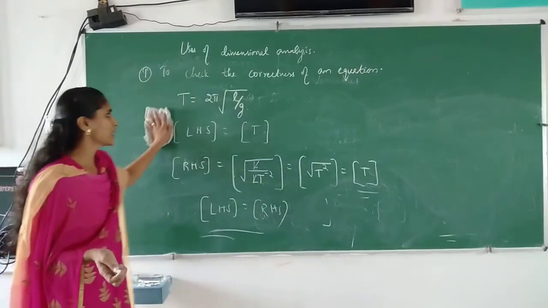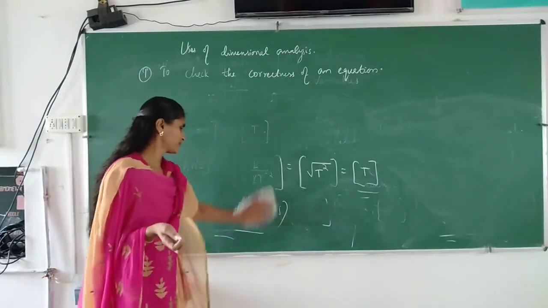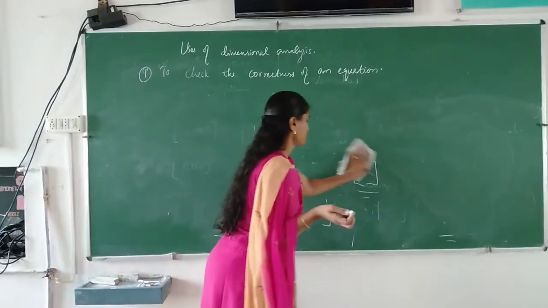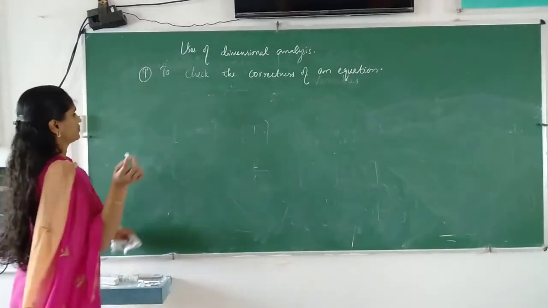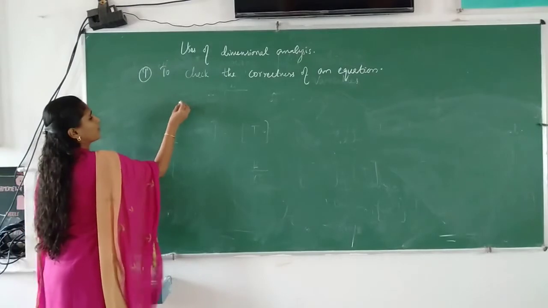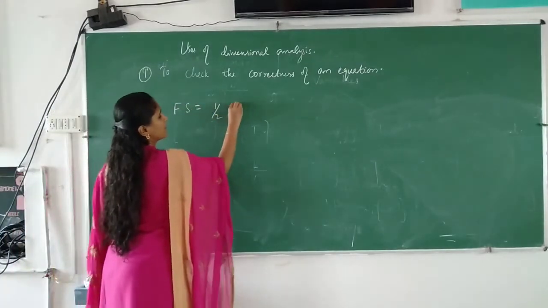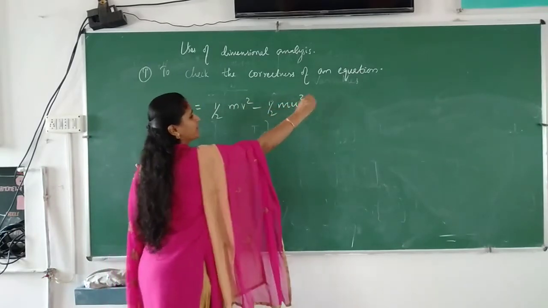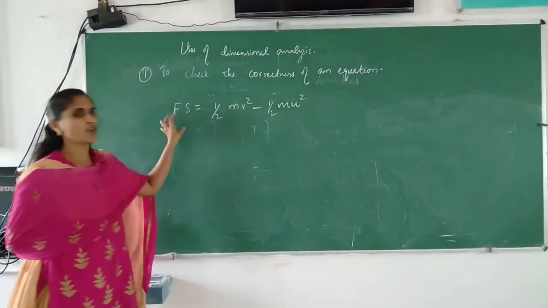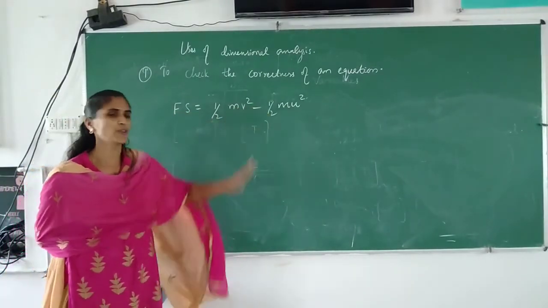So we can say that this equation is dimensionally correct. Okay, is it clear? Now another example we can see. The equation is F into S equals half m v square minus half m u square, where F is force, S is displacement, m is mass, v is final velocity and u is initial velocity.